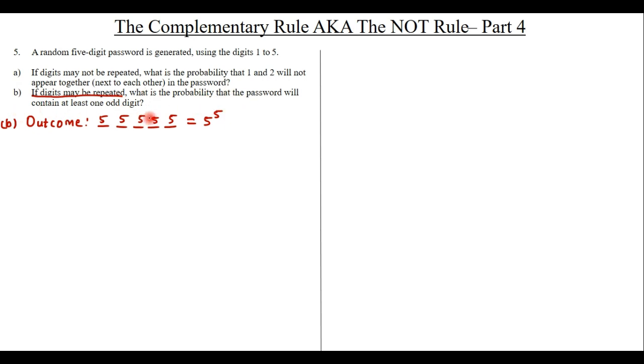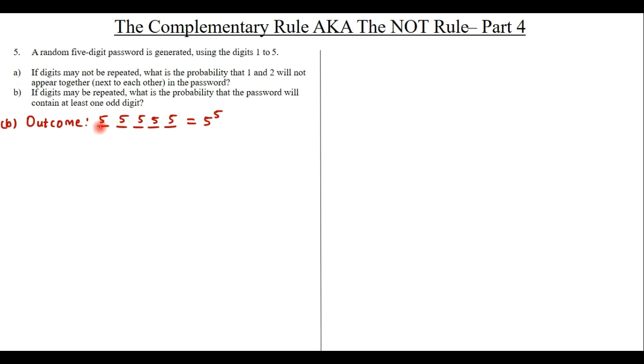So the question is asking us something that is hard to get directly. It's asking us to find a probability that a code or a password will contain at least one odd digit. An odd digit basically means that this code must contain an odd number in it.